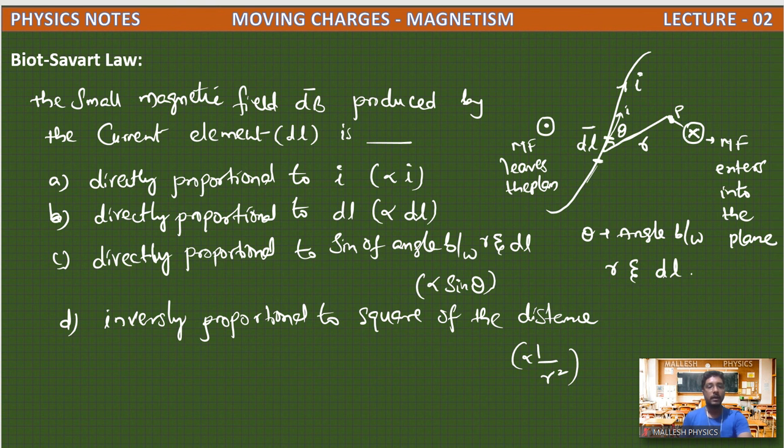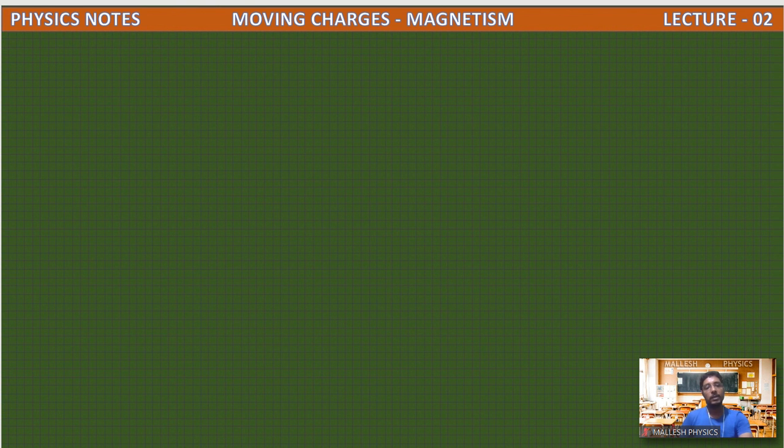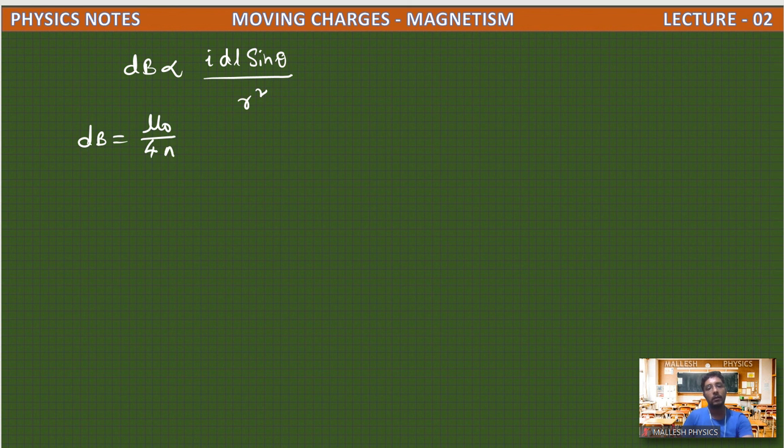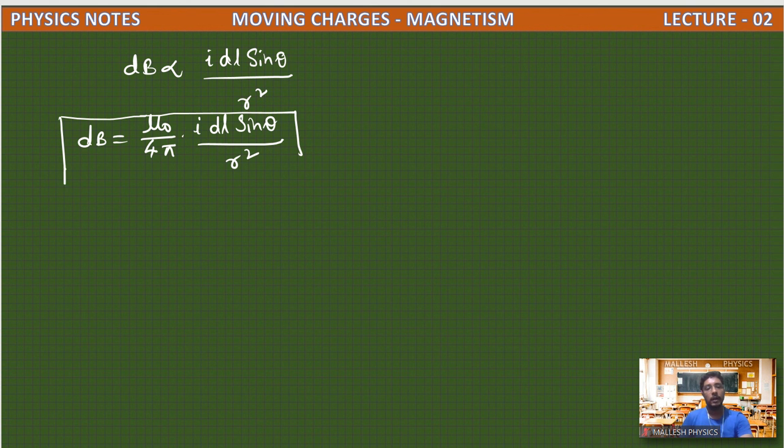Okay, now if you write all these in one step, dB is directly proportional to I dl sine theta by r square. Now if you remove the proportionality, we have to keep one constant, that is mu naught by 4 pi. So dB equals mu naught by 4 pi times I dl sine theta by r square. This is the magnitude of the magnetic field due to the small element.